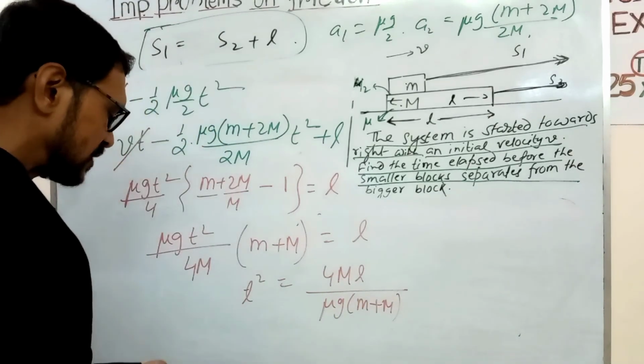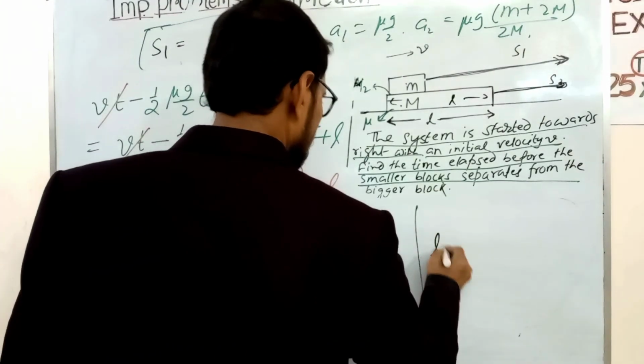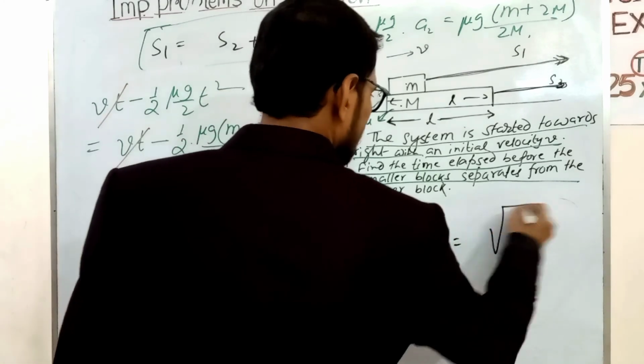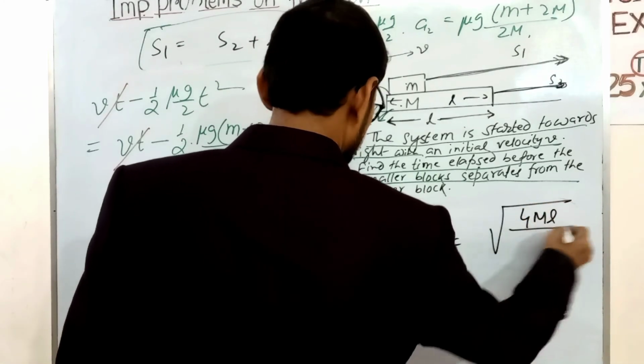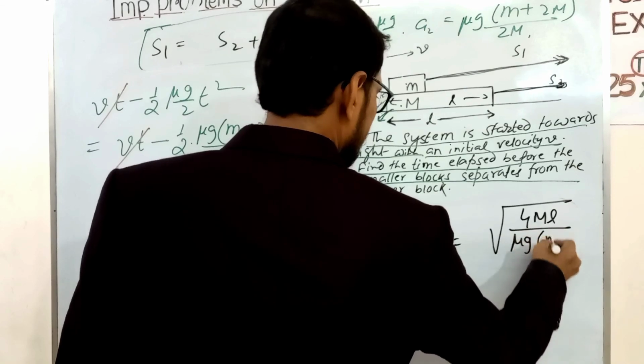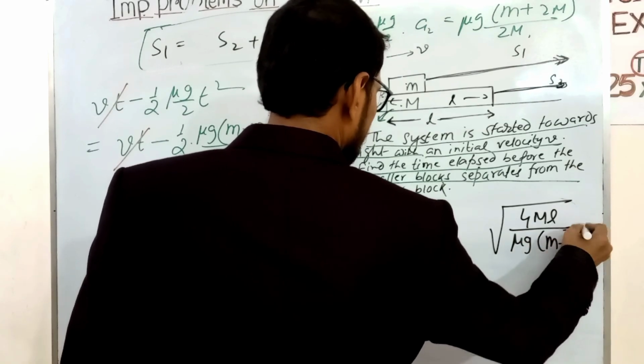So t equals root over 4ML by mu g into (M plus m). So this is the answer.